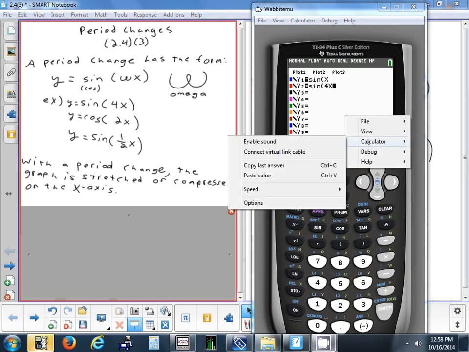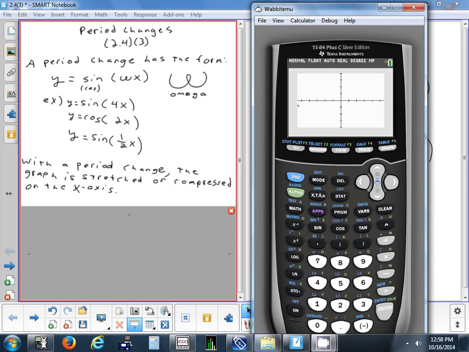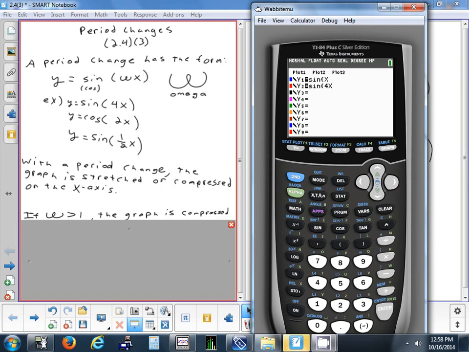All right, so let's put that there. That's the original, sine x. And the one in red will be sine 4x. So it did compress it. That's important to know: if we type in a number larger than 1 in front of x, that's when it compresses.